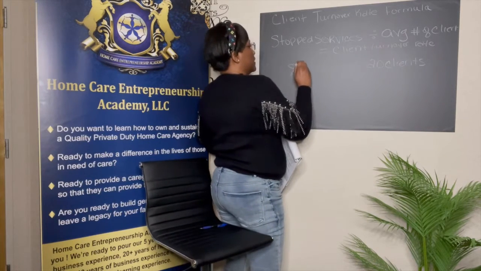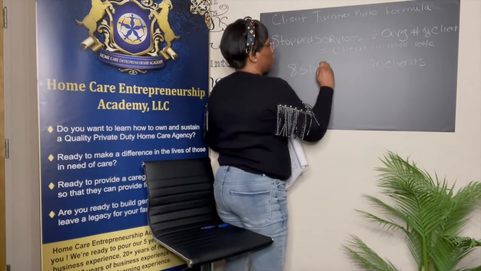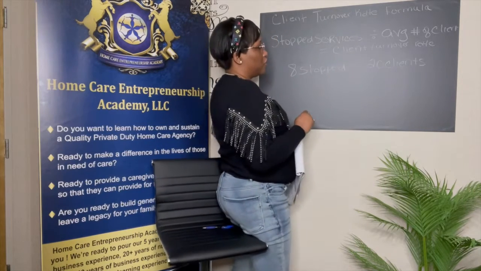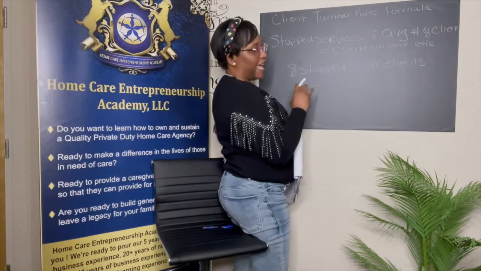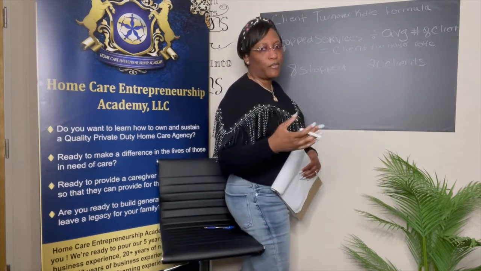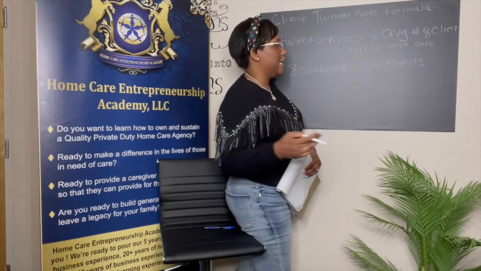And 8 clients stop service. So out of a total of 20 clients, 8 of them said, hey, your agency's not working out for me. I think I'm going to move on or maybe not have an agency.